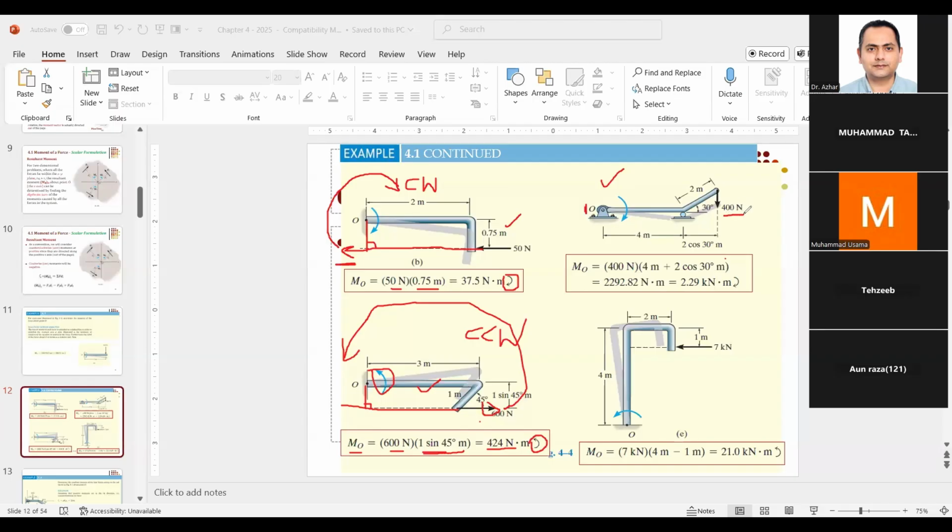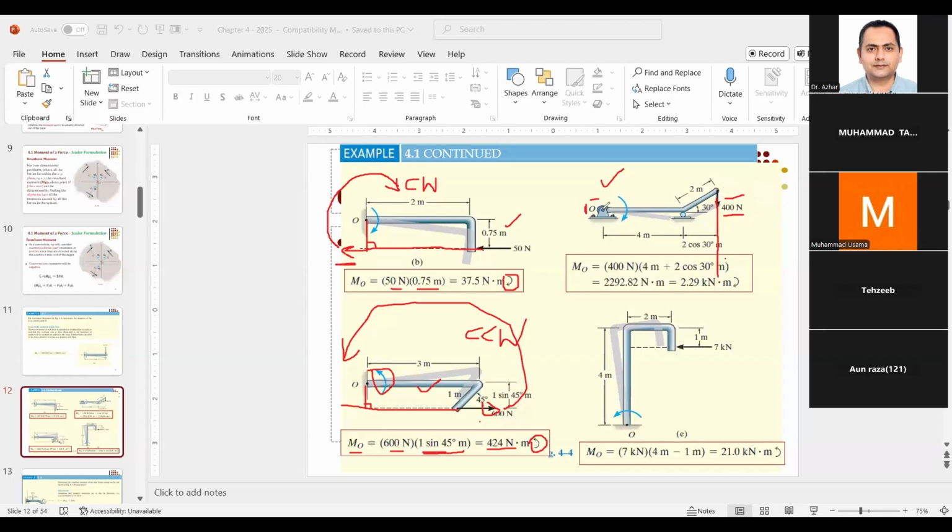We need the moment of this force about point O. Okay, fine. Point O is here, the force is here, they are far away, but the basic principle remains the same. We need the perpendicular distance from point O to the line of action of the force. You see, this is the line of action of the force.